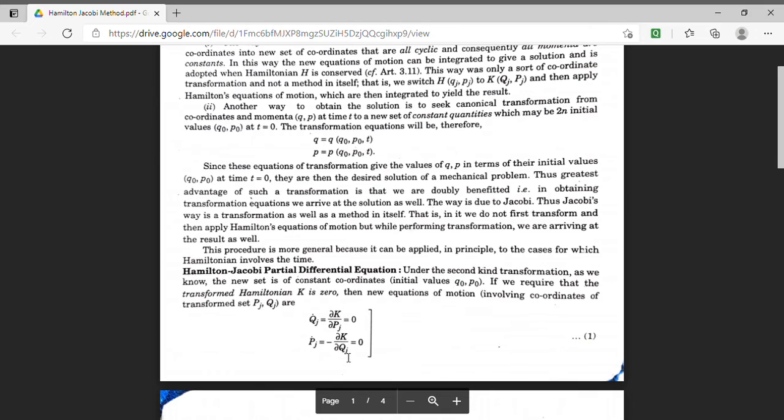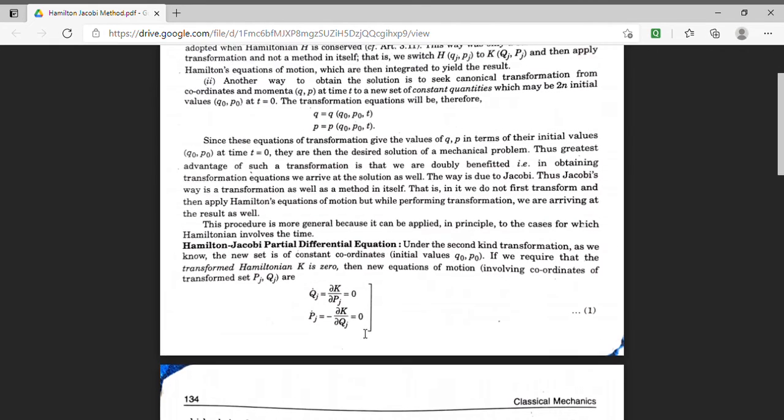Now, if we assume that the new Hamiltonian, which we have denoted here by capital K, is 0, then in these equations, as K is 0, Qj dot will be 0 and Pj dot will be 0.